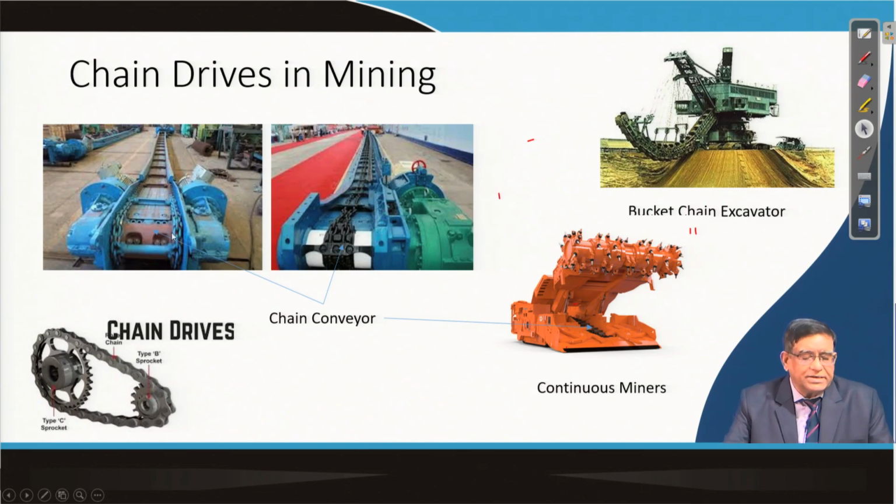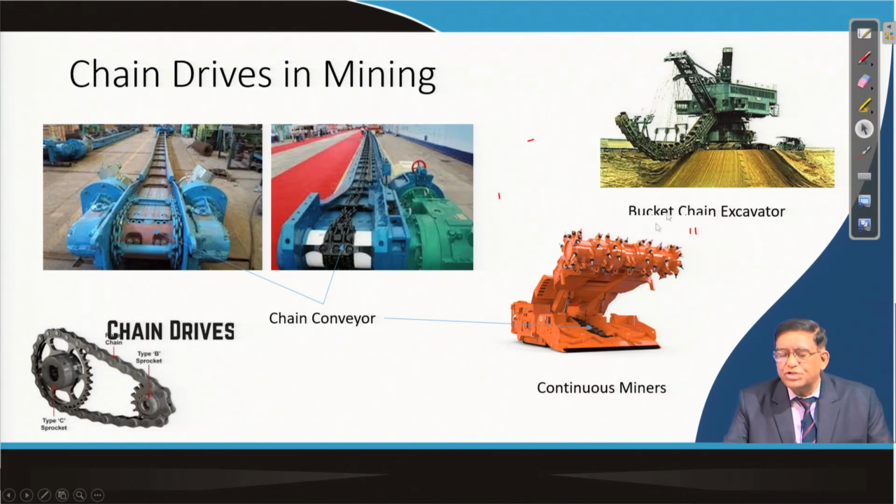Here the electric motor gives power through a gearbox to the sprockets of the chain in chain conveyors. In some machines like the continuous miner, the drum cuts the material, which falls and is collected, and there is a chain conveyor, a chain drive, which carries it onward.